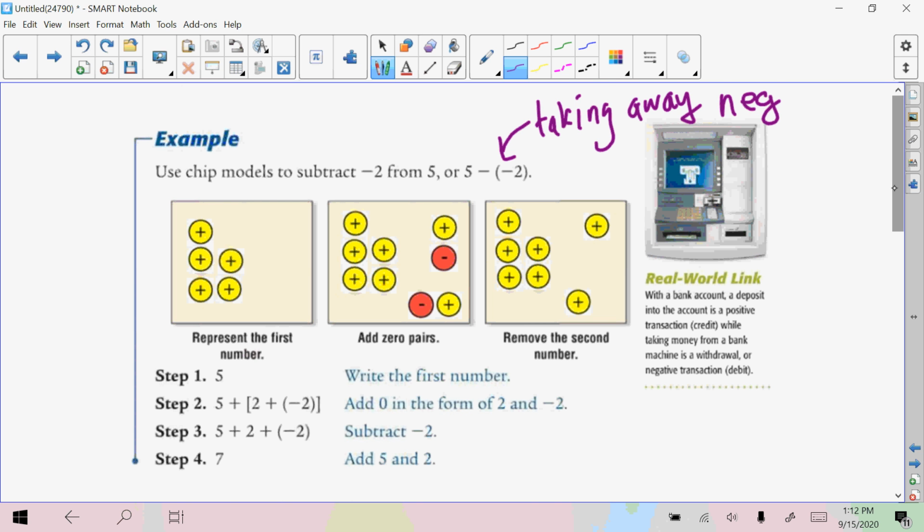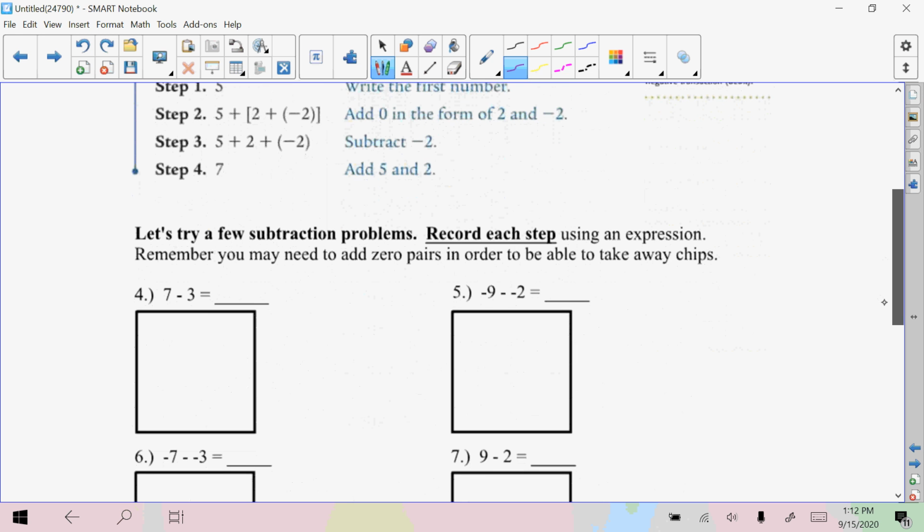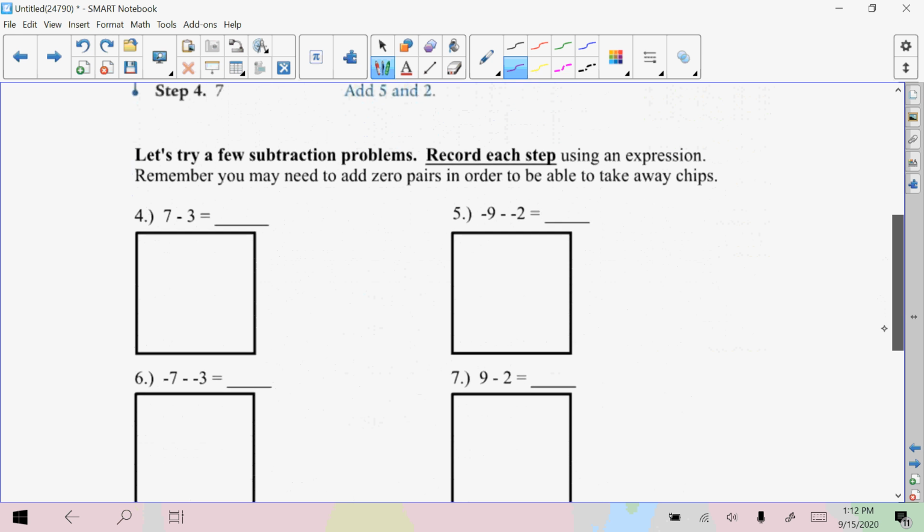Okay, so if you look at the example, you'll see what they did. They combined these, which is really adding 0 to the first 5 here, and they did that so they could take away the -2. Now, when you take away those -2 from that grouping, you see that you're left with 7. Okay, so I'll do a couple examples like that for you, and then you can try some.